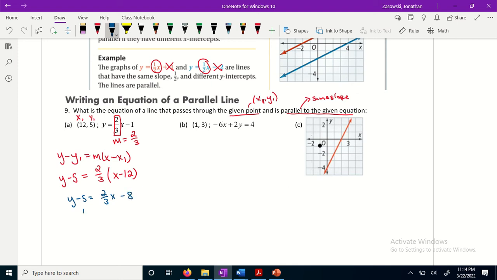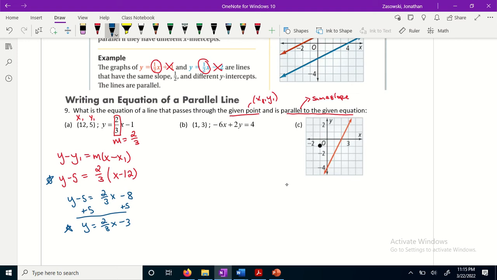Then we would add 5 to both sides and get our y equals mx plus b equation here. y equals 2/3 x minus 3. So these would be the two answers that we would expect to see on a multiple choice question that could possibly show up. However, both are acceptable for part 2 constructed response questions. So keep in mind how we're just applying our point slope form.